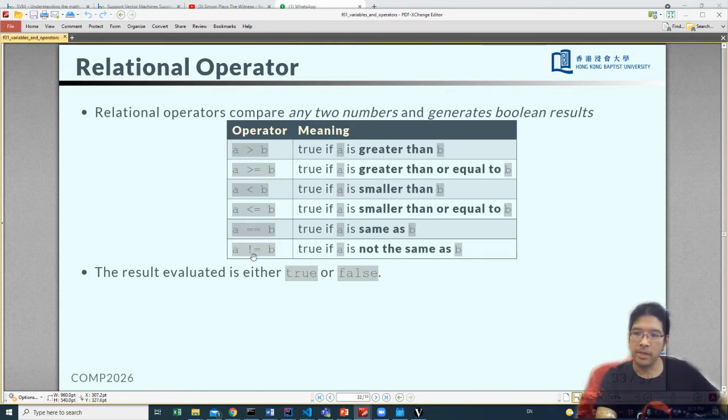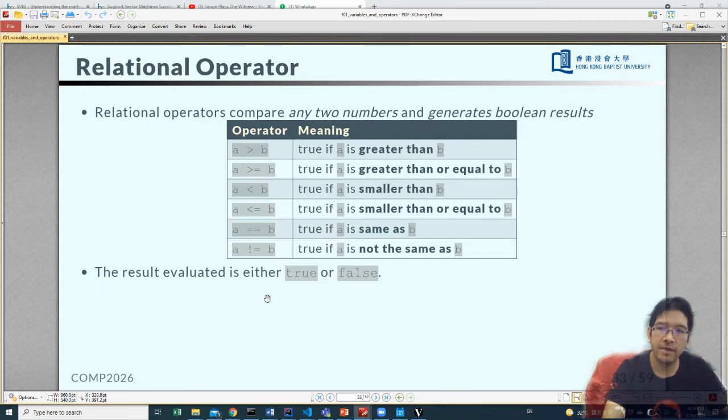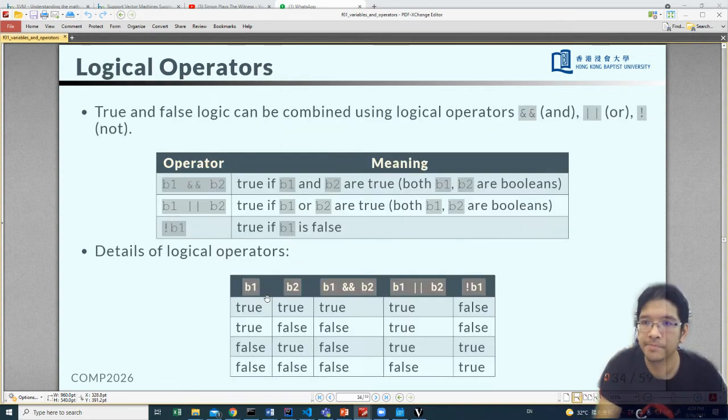The last one, with the exclamation mark and equal sign, means that these two are not equal to each other. These relational operators are extremely useful when we use them with if conditions, if else, and loops. We will see these a little bit later.